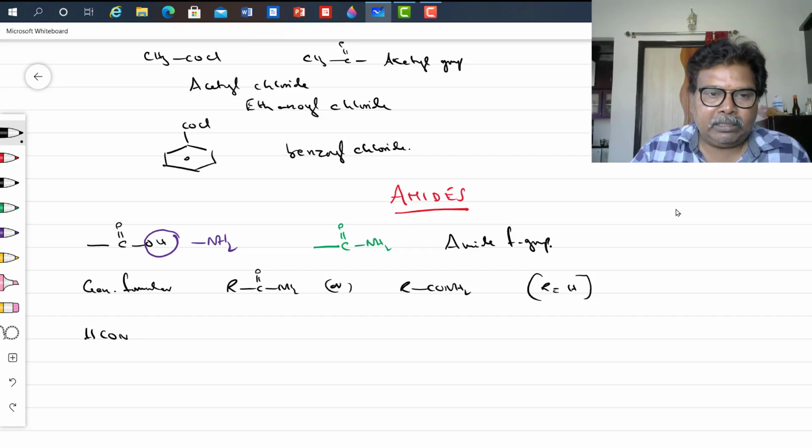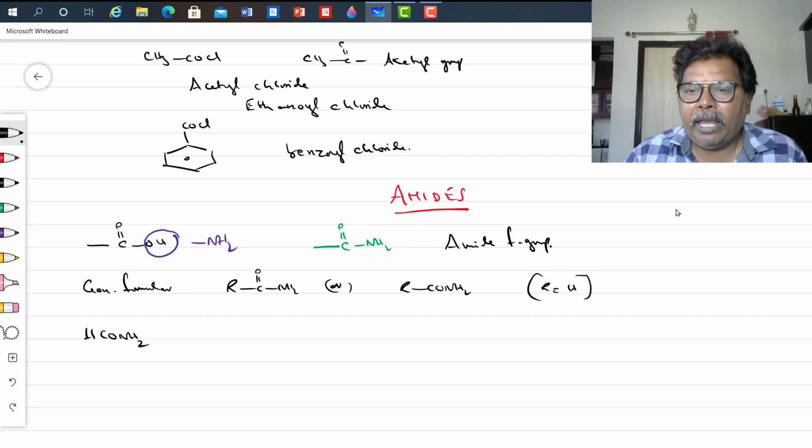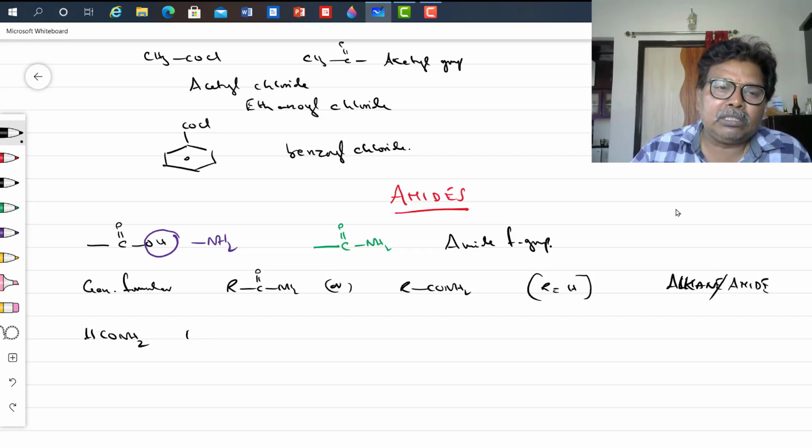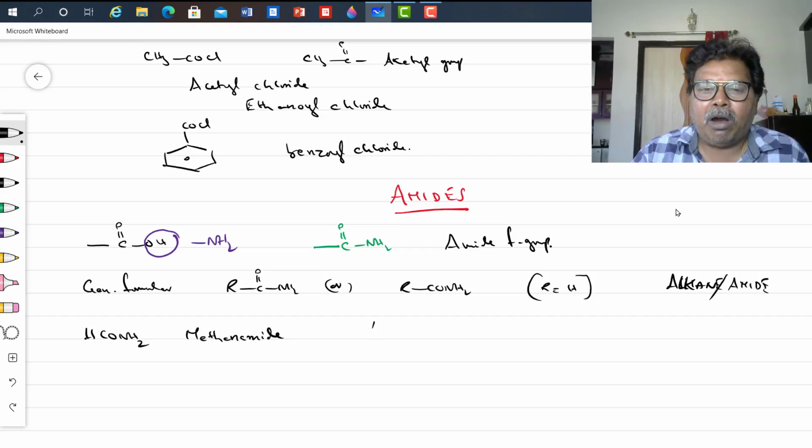Simple nomenclature. In alkane, the last letter E is replaced by amide. That's all. So this is methanamide. In common name, formamide, because it came from formic acid.